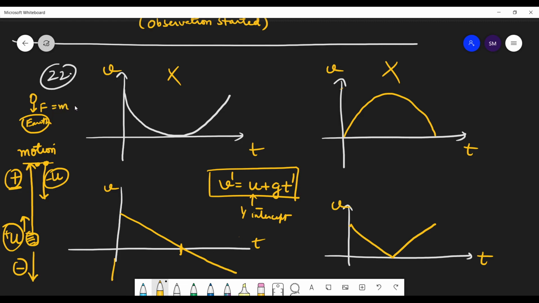And F is equal to ma, so the direction of force and the direction of acceleration are the same. When the ball was going up, the direction of force is downward, so it's minus g. g is the acceleration due to gravity.